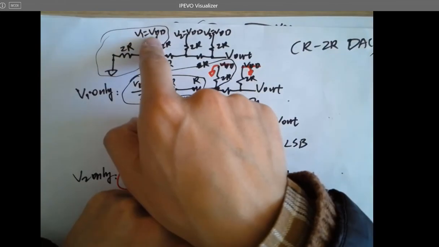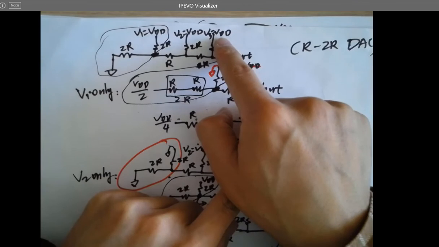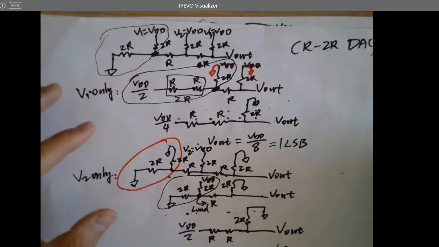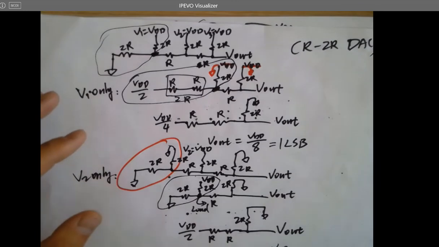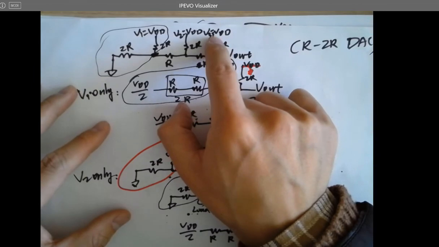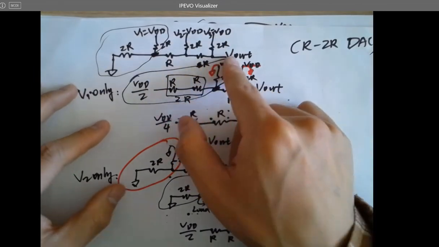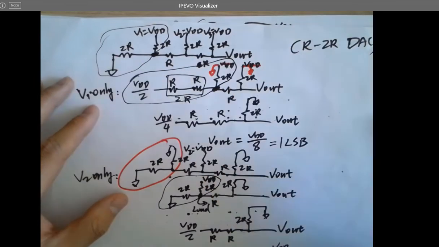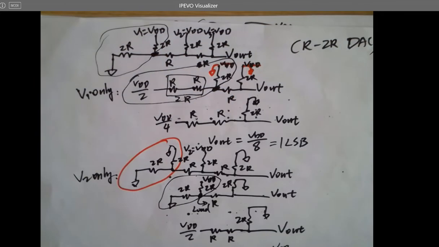It's a smaller value, but here is a larger value. Set in digital means you set it to 1. Reset means you give a 0 to the circuit. So whenever you set the bit, it's contributing a higher voltage to VL, which is actually 50% of VREF, VDD.